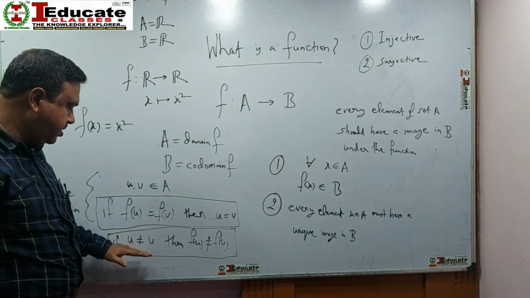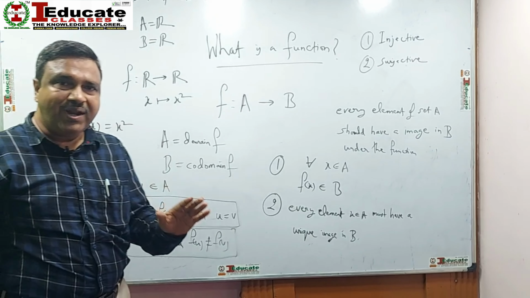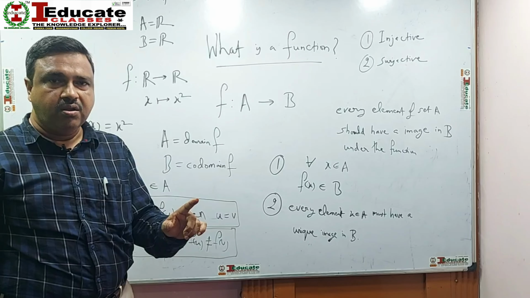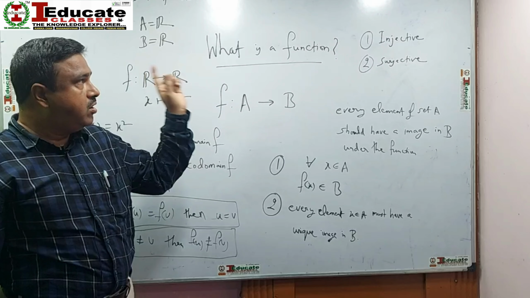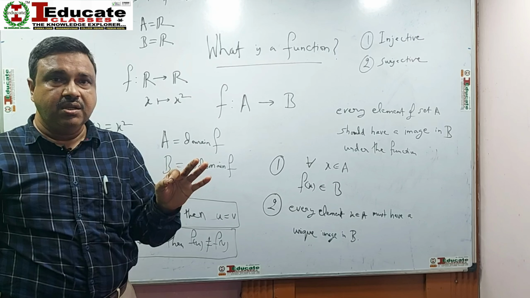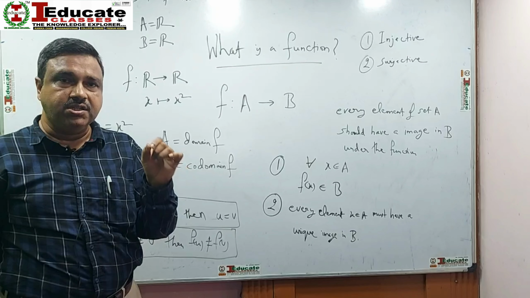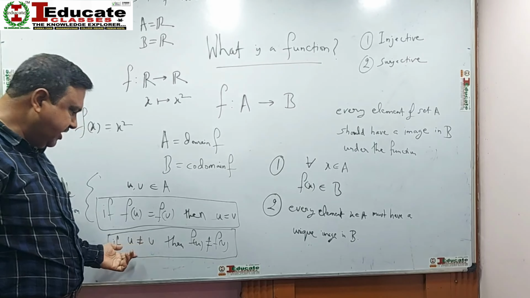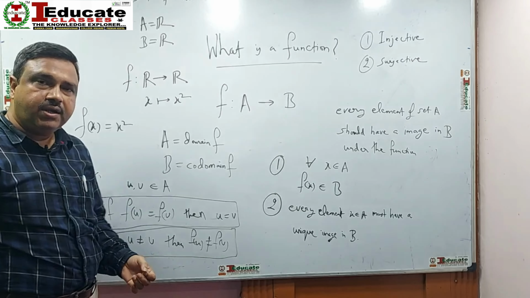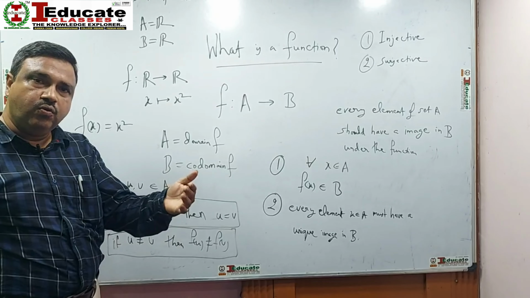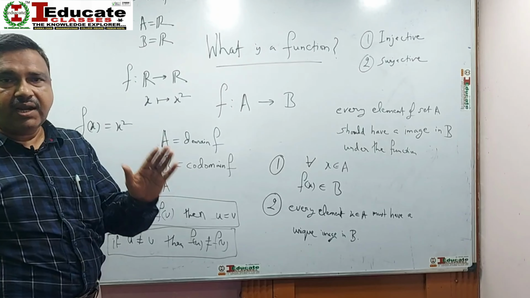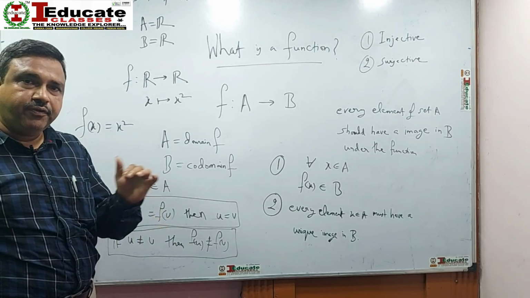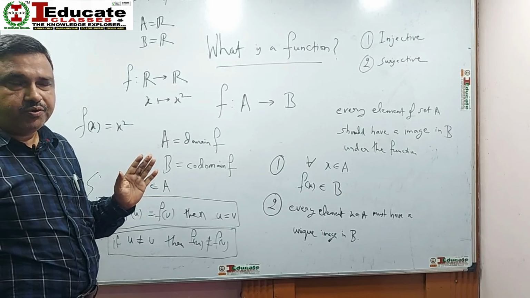Either this condition or this condition, both are equivalent, and must be satisfied for a function to be called an injective function. That is the definition of injective function. In short, two different inputs will have two different outputs. In general it is not true, but for injective function it is true.